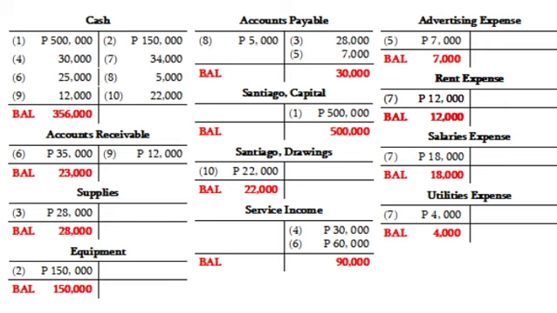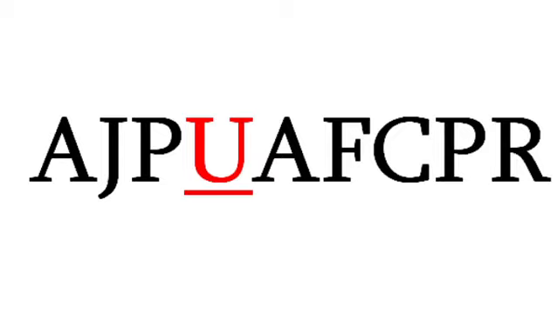Again, please take note na gumagawa tayo ng ledger or nagpo-post tayo para makuha natin yung balances for each of the account titles. Kasi nga, after nitong posting, balik tayo sa ating accounting process. We have AJ PUAF.